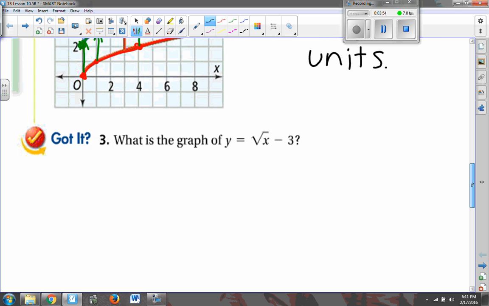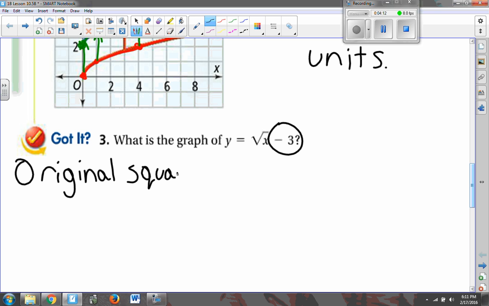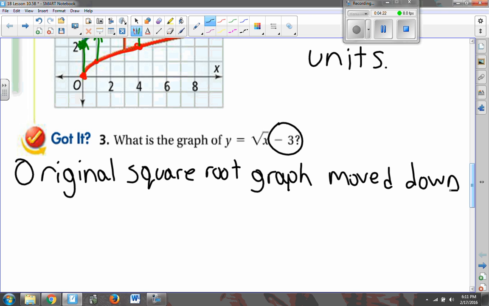Now if I were to ask you about the graph of y equals the square root of x minus 3, if we were to describe in words what is happening here, this is just the original square root graph moved down 3 units.